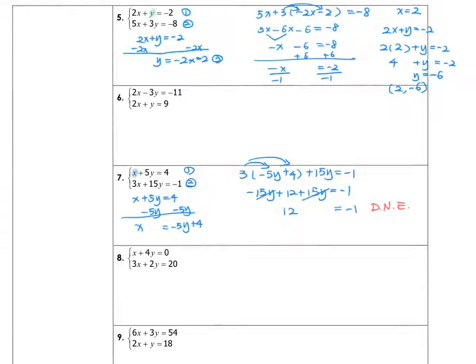And therefore, there's no solution. We call it a null. So in what circumstances do we not have a solution of x and y? It's when the two lines are parallel. No solutions, right? So that's number 7.